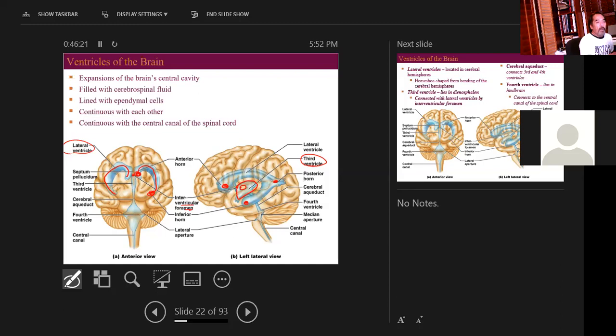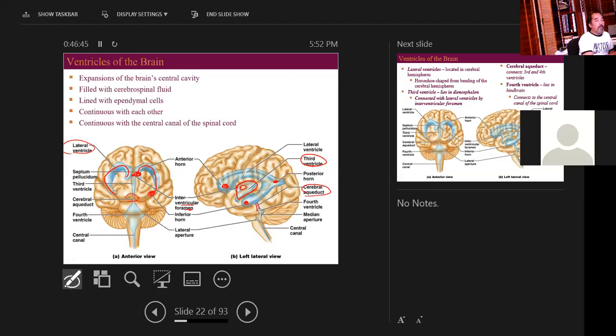So remember, when I say lateral ventricle, I'm at the cerebrum. When I say third ventricle, I'm at the diencephalon. When I say cerebral aqueduct, the canal is going to be thin, that is called the cerebral aqueduct. And now I'm at the area of the midbrain.